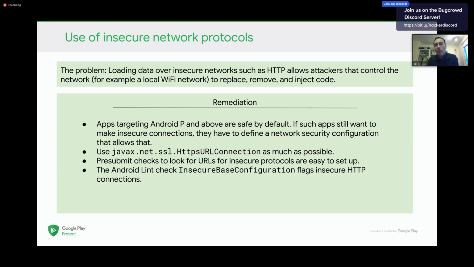So you want to use that, not the old HttpURLConnection. It's fairly easy to have static checks. You can have your own pre-submit checks if you run any kind of source control system or continuous integration system. You can use an Android lint check if you're using Android Studio to build your applications. So a whole lot of stuff that is there.